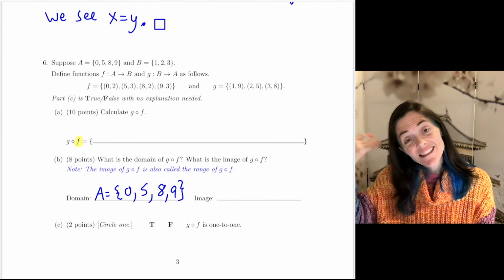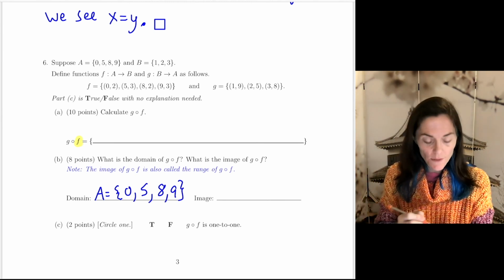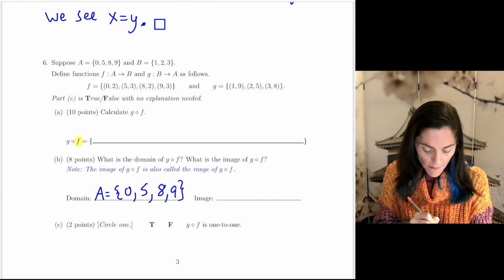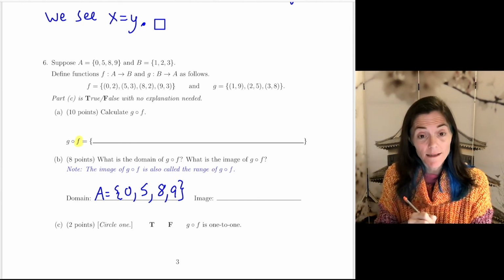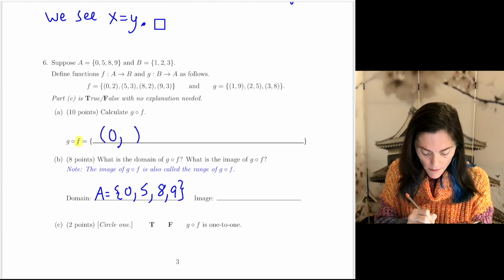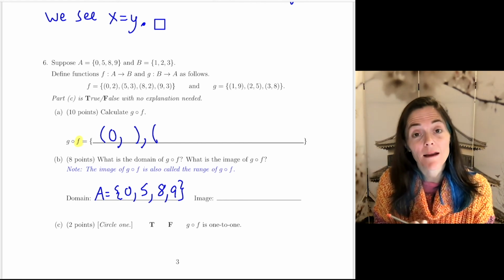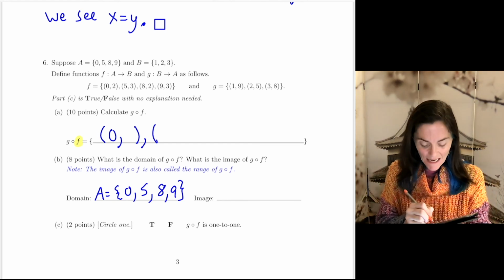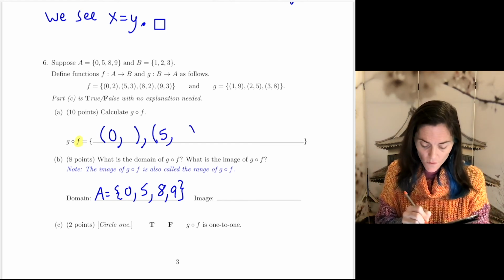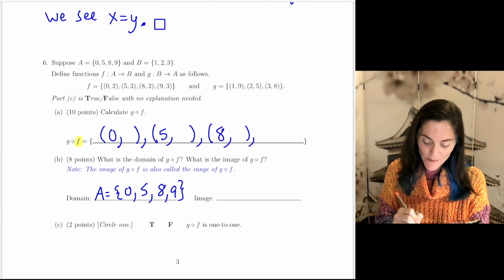But thinking about that, we know how to get started. So I need 4 ordered pairs here. The ordered pair with 0 as the first coordinate, the ordered pair with 5 as the first coordinate, the ordered pair with 8 as the first coordinate, and similarly with 9 as the first coordinate.